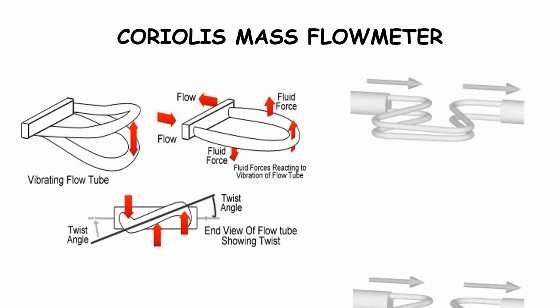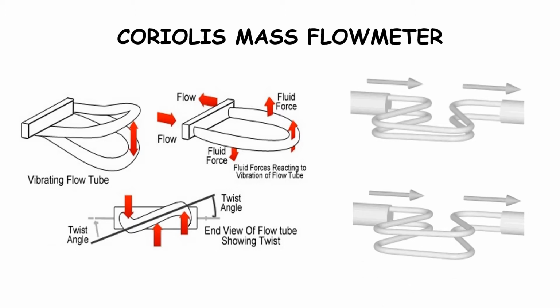Moving on to the principle of the Coriolis mass flow meter, the flow is guided into a U-shaped tube. When an oscillating excitation force is applied to the tube, causing it to vibrate, the fluid flowing through the tube experiences Coriolis acceleration, which acts in an opposite direction on either side of the applied force.